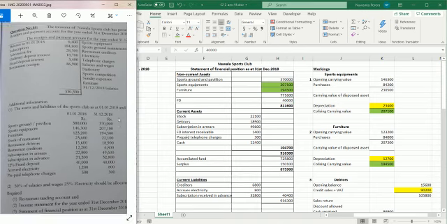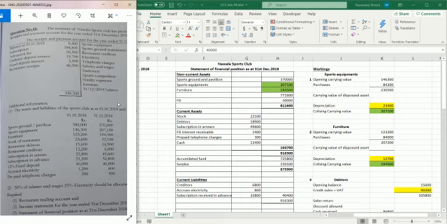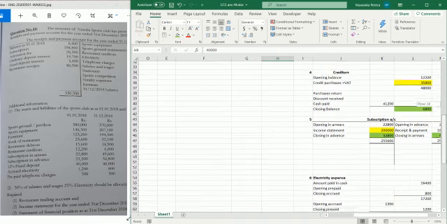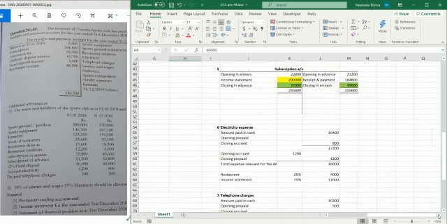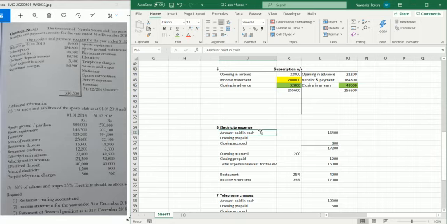Then you are given accrued electricity and prepaid telephone charges. Let's look at electricity. Now you know the formula to be used to calculate the amount of expenses relevant for the accounting period. You have to start with the amount paid in cash. For that you have to add opening prepaid and closing accrued.